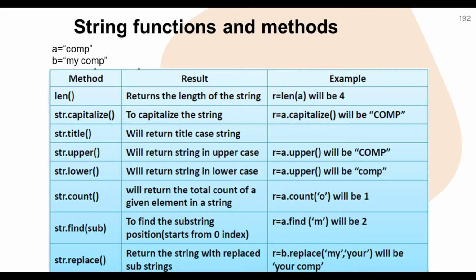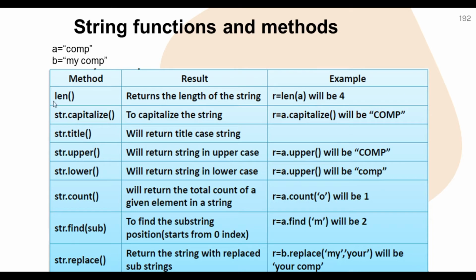Now we are talking about string functions and methods. Students, there are a number of string methods mentioned in the CBSE material and the CBSE syllabus. We will consider two variables here, a and b. a stores comp and b stores my comp.